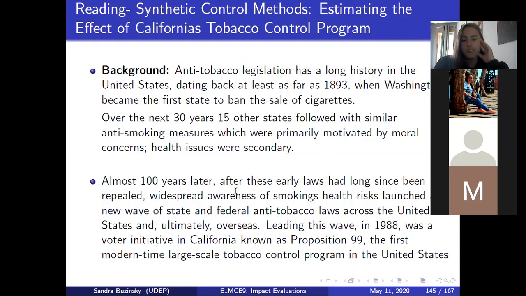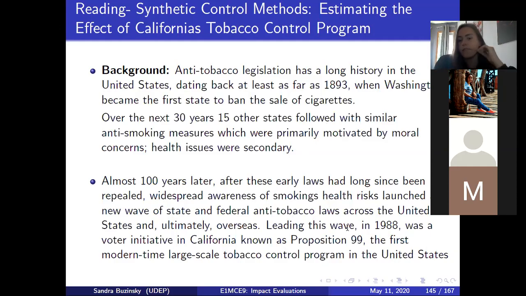So almost 100 years later, after these early laws had long since been repealed, so obviously Americans weren't for that, they started smoking again. The laws in the 1890s went away. But 100 years later, widespread awareness of smoking health risks started a new wave of state and federal anti-tobacco laws across the United States and then overseas around the world.